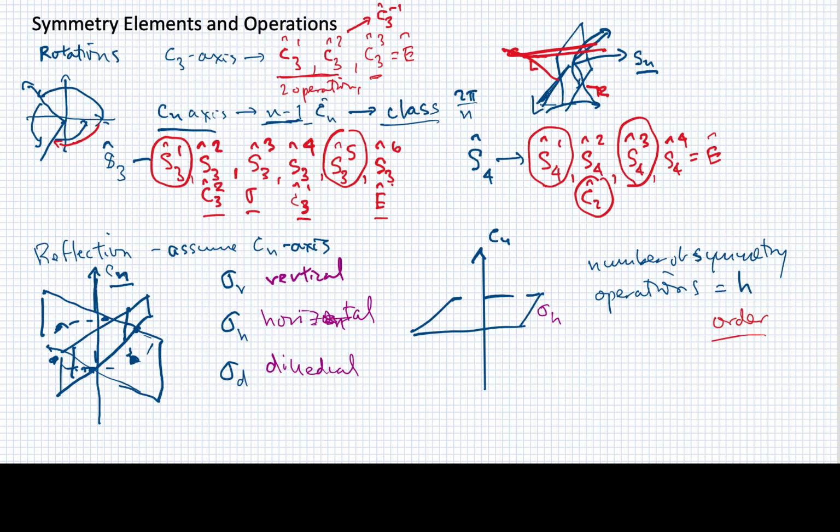So in other words, the total number of symmetry operations, h, is going to be the order of that operation, and it turns out there's going to be other things related to that order that we'll need to pay attention to. So this has just been a brief introduction into how we relate symmetry elements and operations, but you'll need to do some careful reading and thinking as you go through this material so that you get it down pat.